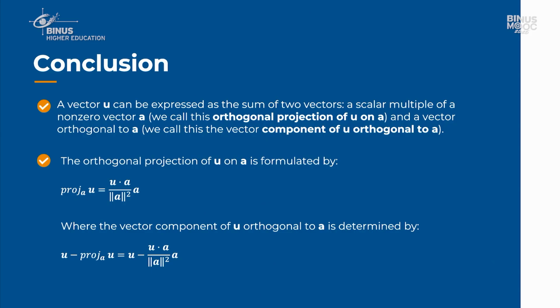The orthogonal projection of u on a can be calculated by the formula projection of u on a equals u dot a divided by the length of a squared times vector a. And the vector component of u orthogonal to a is determined by u minus the orthogonal projection of u on a, or u minus u dot a divided by the length of a squared times vector a.